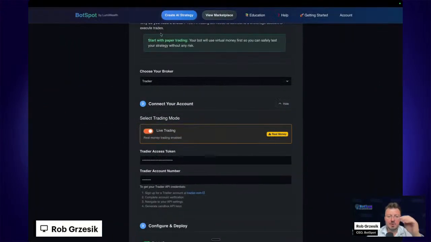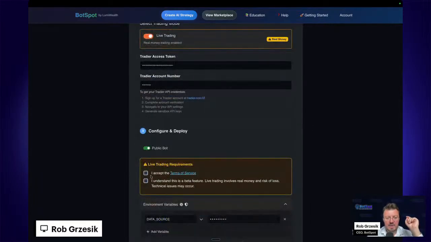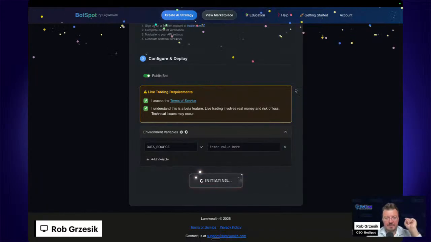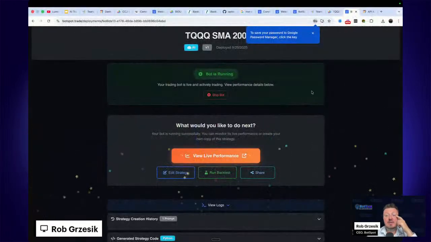So I've now copied over my access token and my account number. I've flipped it over to live. I'm going to agree to the terms of use. And this data source thing here, I'm going to delete, because that tends to screw things up. And then I'm going to hit deploy. There we go. And let's see this thing actually place a trade.